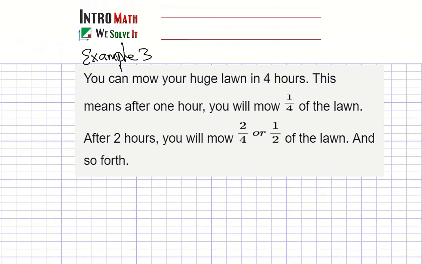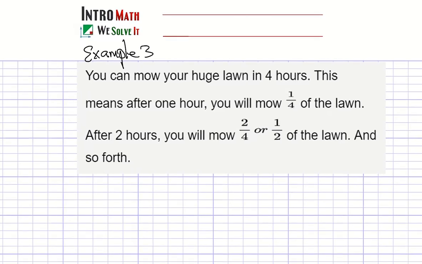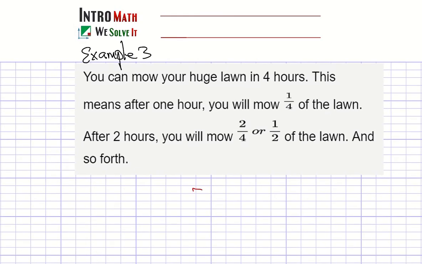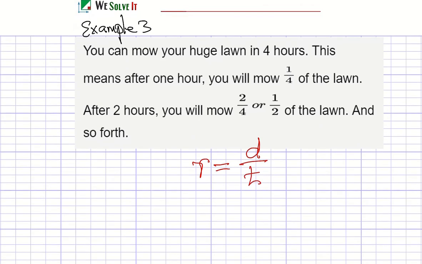It's similar to the idea, remember we said in example 2 that rate is equal to distance over time? And then that means that rate times time is equal to distance. Remember we said that, right? So that's a similar idea here.